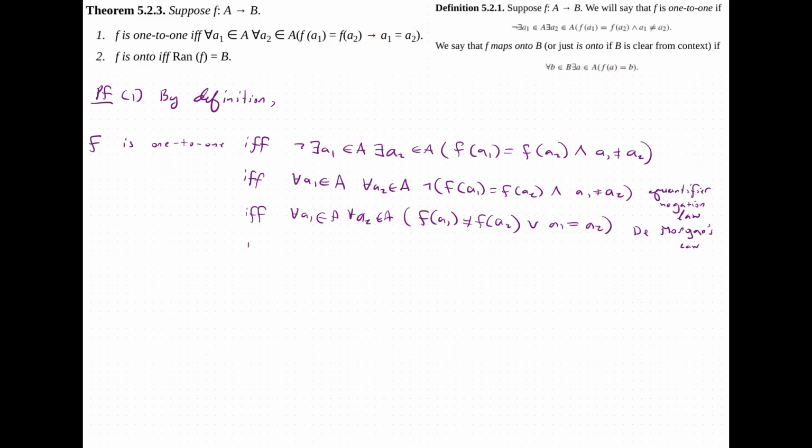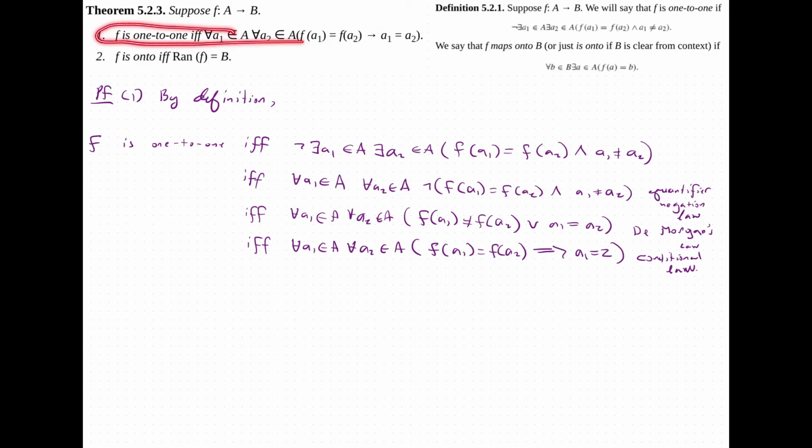And so by the conditional law, we do have that these are the same. And so we're done. Conditional law. And so that takes care of the very first statement. And so now let's prove 2.